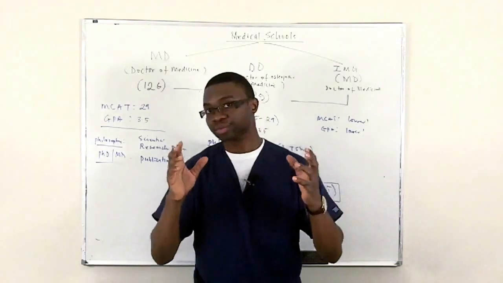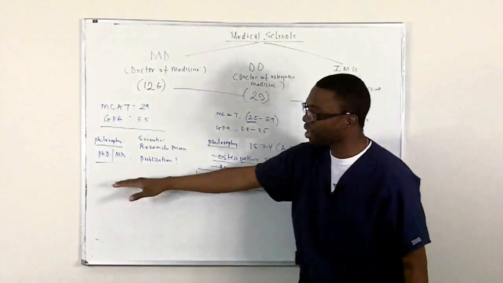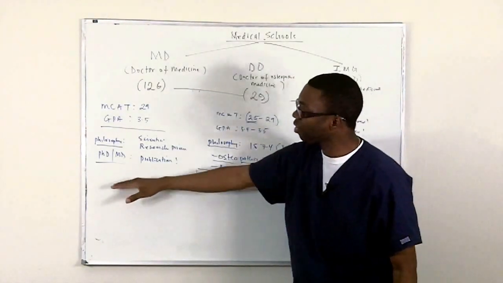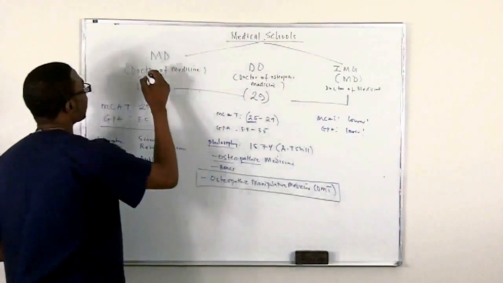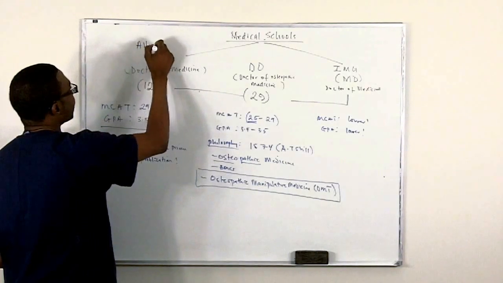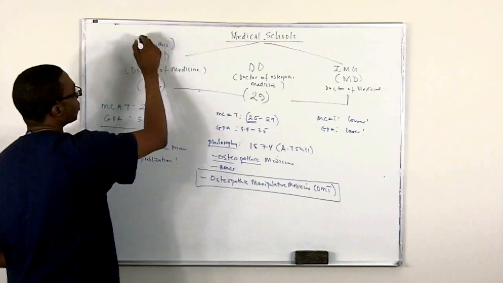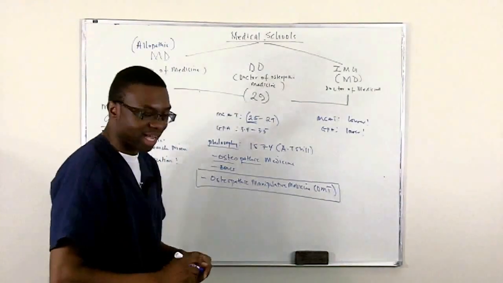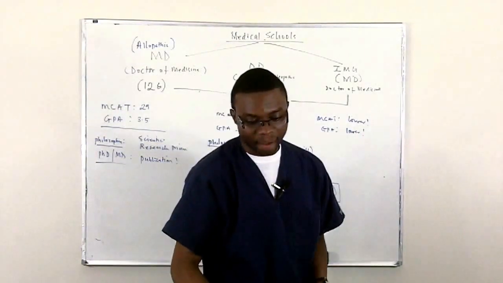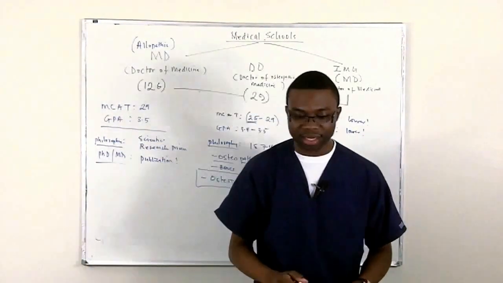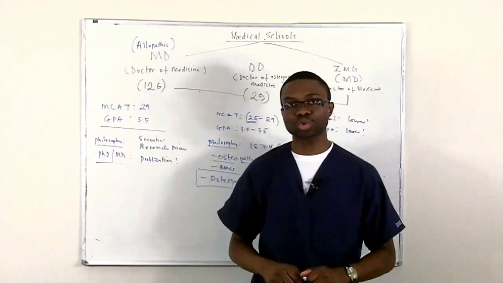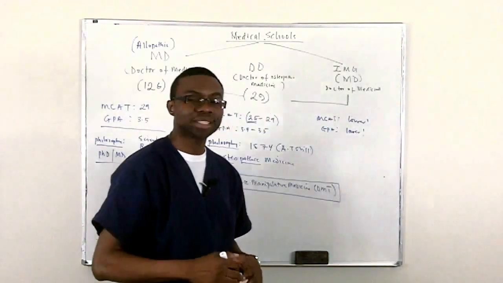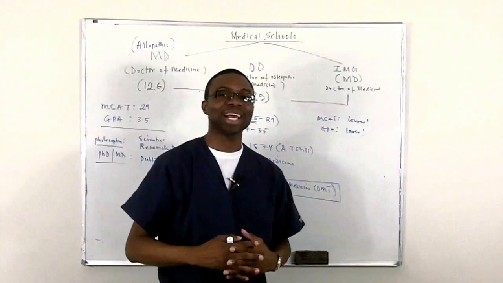Okay? So that is the major difference between osteopathic medicine and allopathic. That is the other word for MDs, allopathic medicine or medical school. Another major difference between an osteopathic or allopathic medical school is the licensing exam.